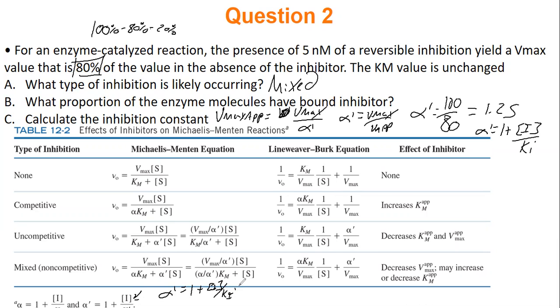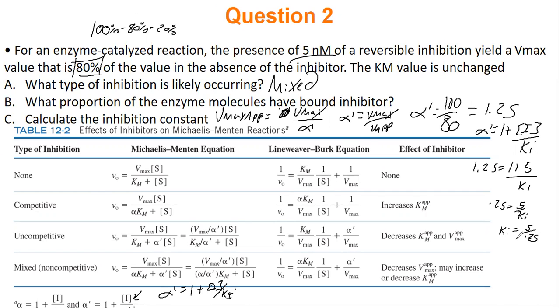All right, so let's put in some numbers. Alpha prime we just solved, 1.25 equals 1 plus inhibitor concentration, 5 nanomolar divided by Ki, which I don't know. But when you solve this, you should get 0.25 equals 5 divided by Ki, or Ki equals 5 divided by 0.25.